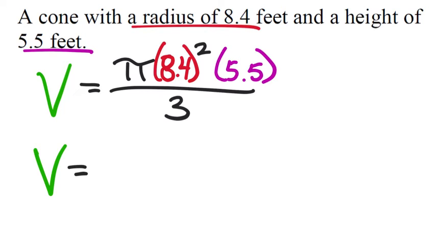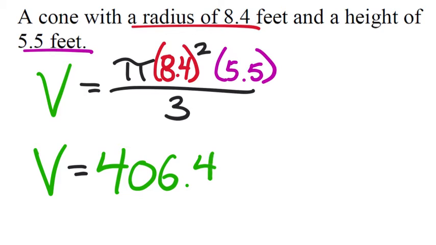Enter, and I got 406.396427. I'm just rounding to the nearest tenth, though, so 406.39 would make that tenth place value of 4. And this is volume, so it's in feet cubed. Okay, remember the 3 there is indicating that it's 3-dimensional, which volume is. Or of course, you could have put cubic feet if you'd like, and it's the same thing.